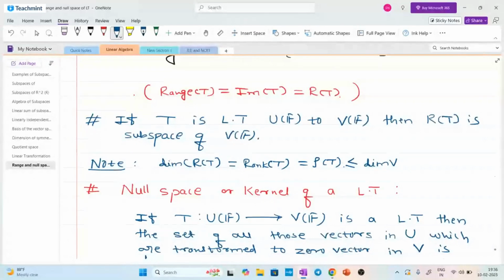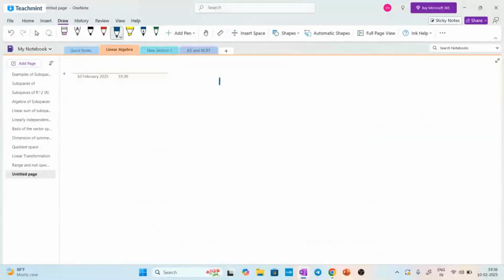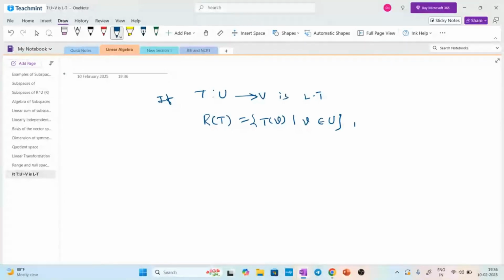If T is a linear transformation from U to V, then the range of T, R of T, is defined as the set of all T of P such that P belongs to capital U. Okay, and this is a subspace of the codomain. The codomain is really V, capital V. Okay, it is a subspace of the codomain vector space.